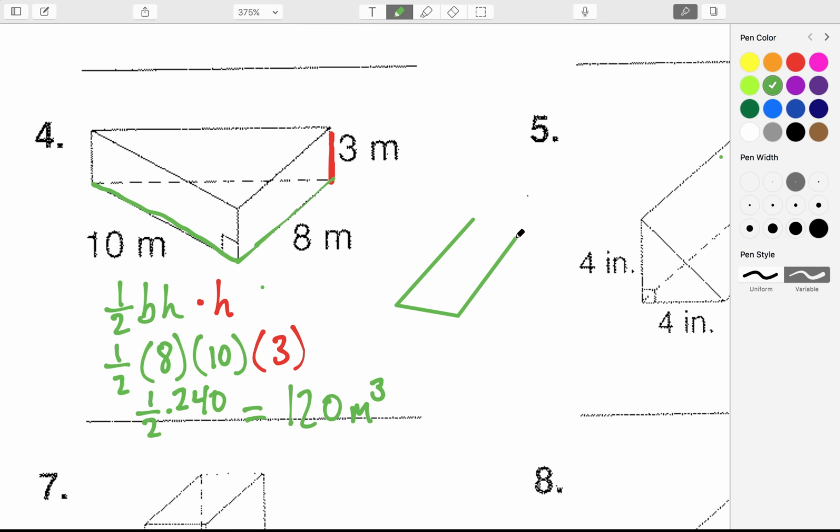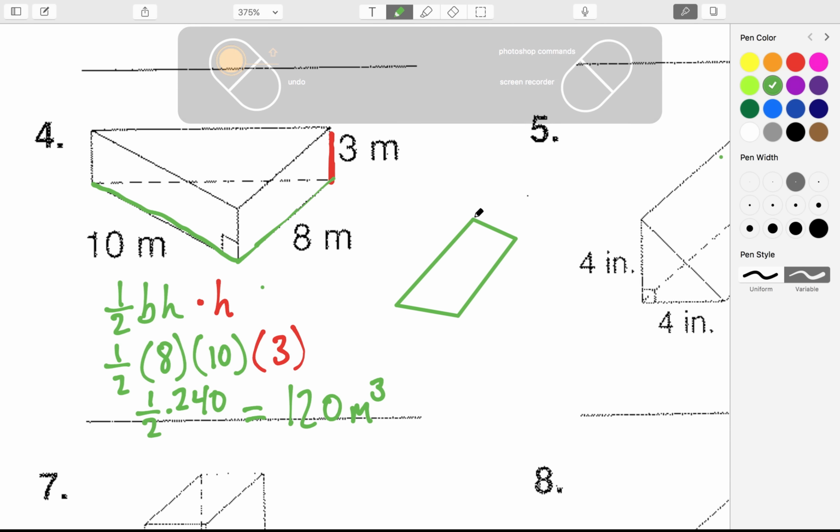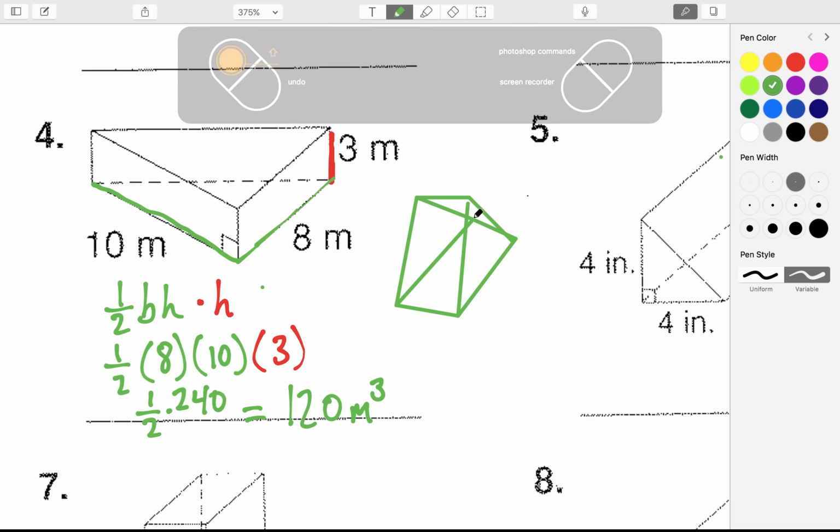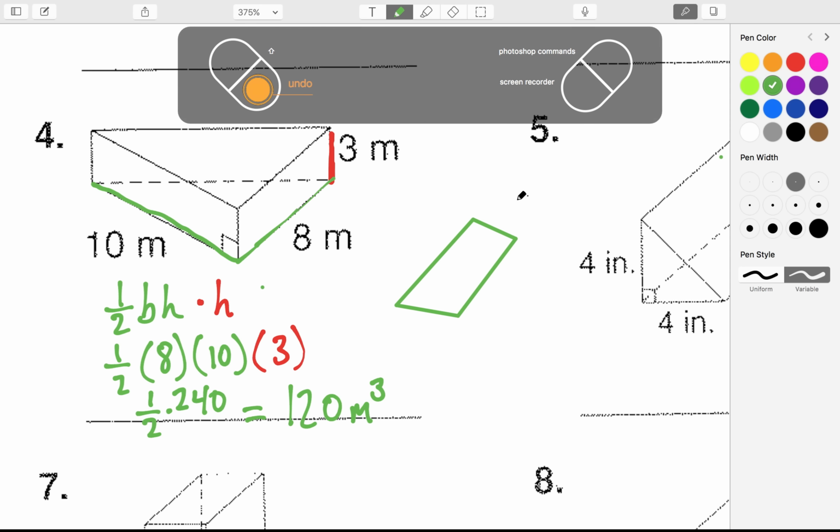So here's a rectangle. And then you have the triangle over here. It went crazy. Here, let me make this line straight.